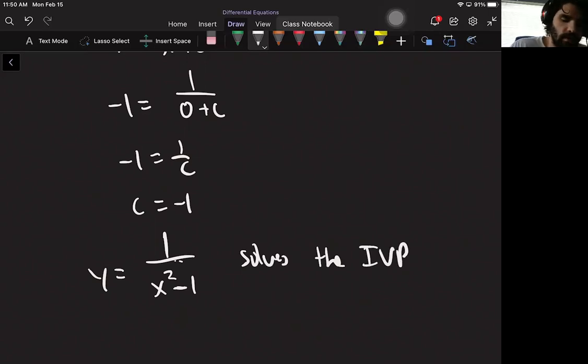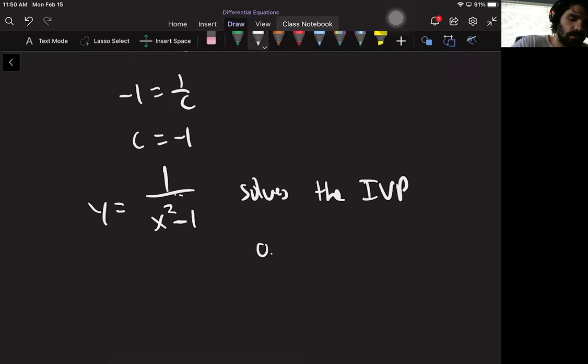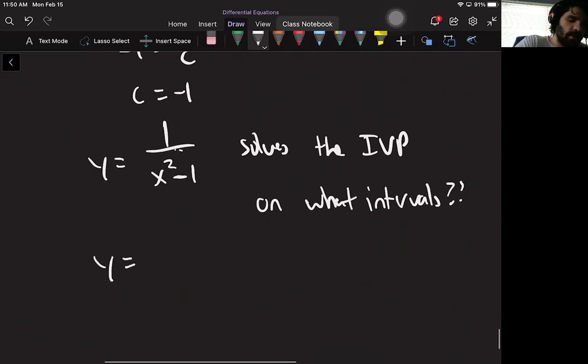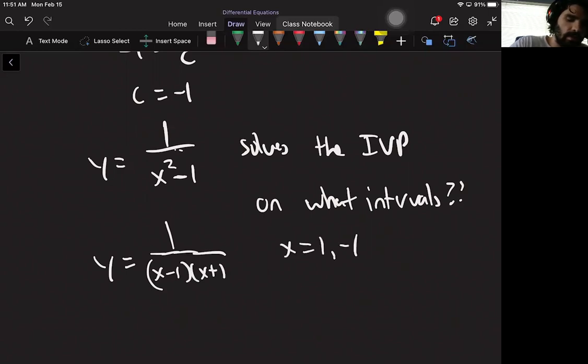But on what interval? Well, we can factor the bottom out. And then we can see that at 1 and -1, there's going to be undefined points.